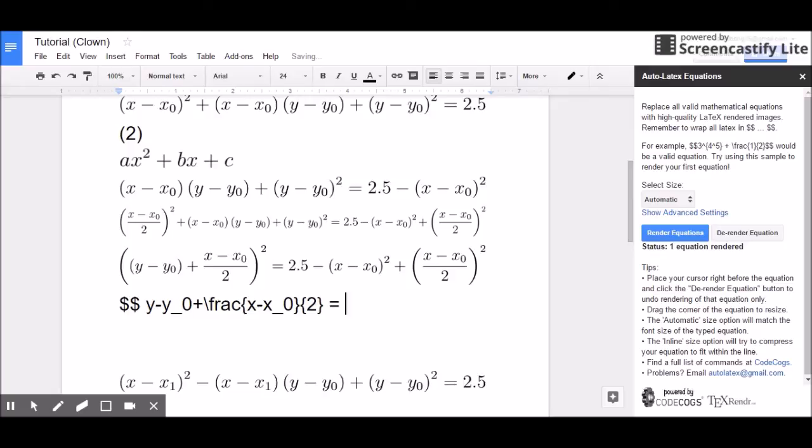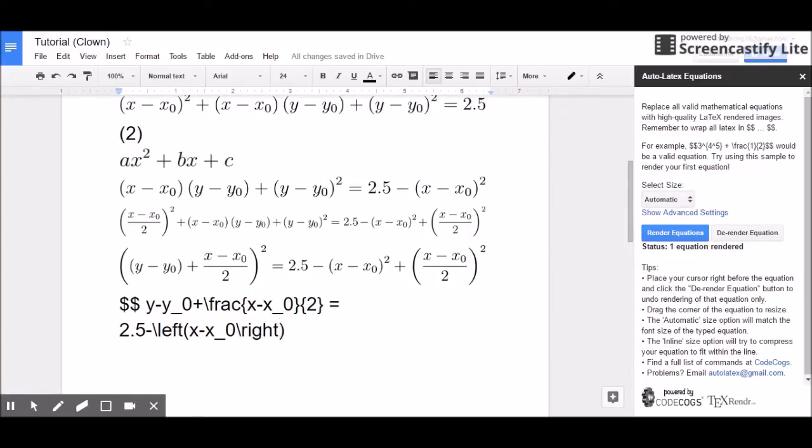Let's go to this one. Squared plus x minus x0, plus that whole thing squared.